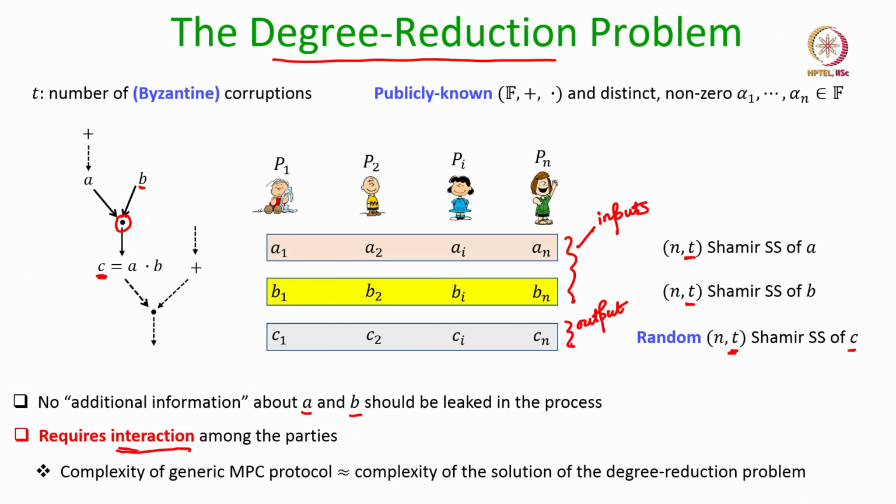It requires interaction among the parties, and that is why the complexity of any generic MPC protocol is often measured in terms of the resources required to solve this degree reduction problem. Whatever is the complexity of the solution for the degree reduction problem will determine the complexity of the overall MPC protocol.